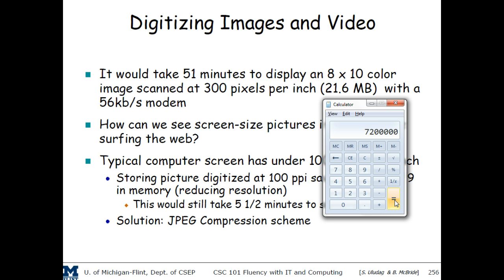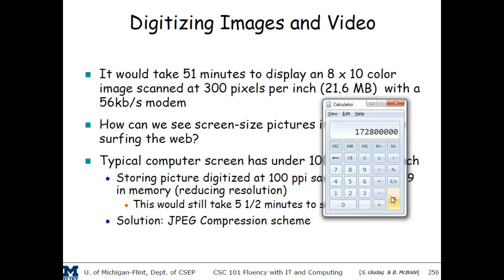And then it takes 24 bits to store each pixel. Again, that's 8 bits of red, 8 bits of green, and 8 bits of blue information. So we'll multiply this by 24. And so this is how many raw bits it takes in order to store this 8 by 10 color image that we scanned at 300 pixels per inch.